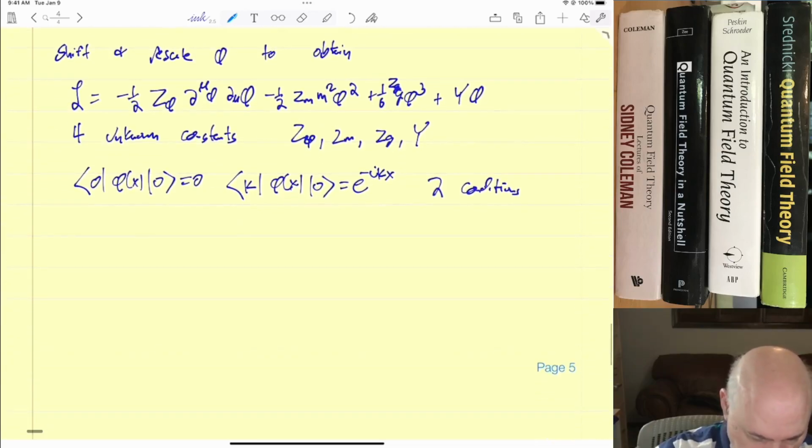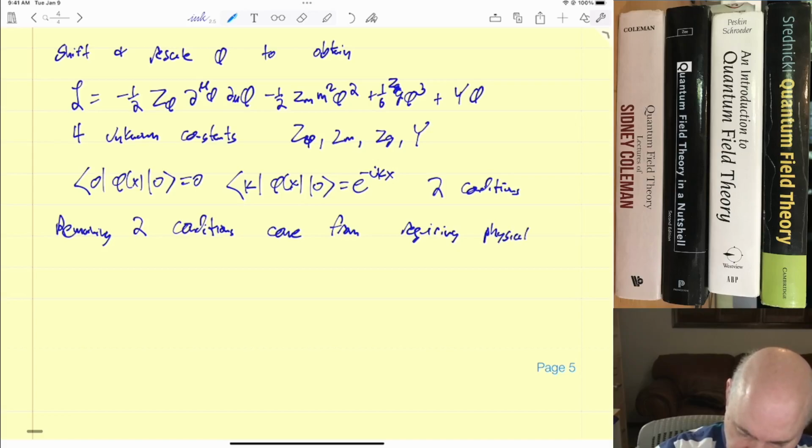So where do we get the other 2 conditions? The remaining ones come from requiring certain physical conditions.